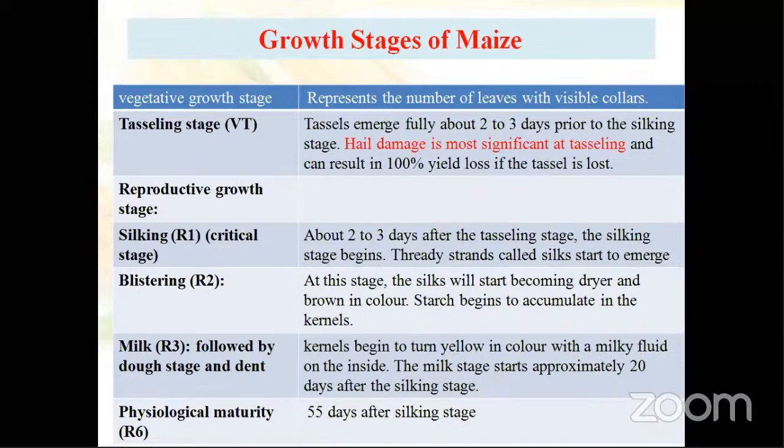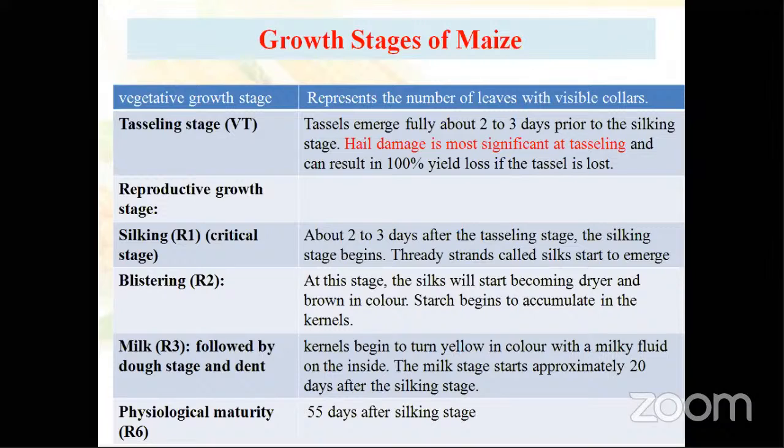Physiological maturity is when the translocation of photosynthates from source to sink stops. But even at that time, your grains have some moisture and are somewhat green. From physiological maturity to harvest maturity, the plant slowly turns pale yellow and brown and dies.